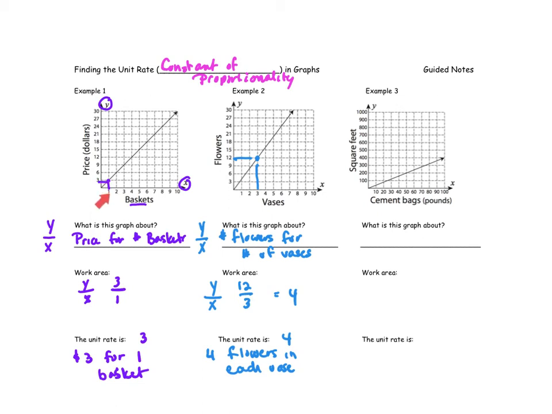We can actually read $3 for one basket. And the second example is a little bit more complicated. We did see 1 on our graph, but it wasn't very helpful because the graph line kind of fell in between numbers on our graph. And this last one, wow, we're not even given 1 as a possibility. So we're going to have to use a different set of numbers.